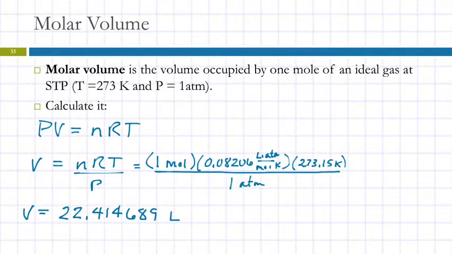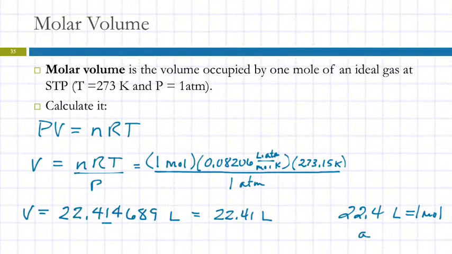Here the number of significant figures would be limited by our value of the gas constant. So 22.41 liters. Typically we use 22.4 liters, which is equal to 1 mole of gas at STP.